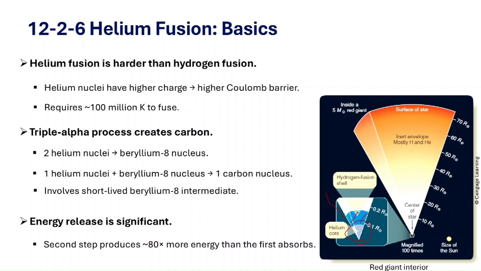So even though the core is small, the triple alpha process has a huge impact on the star's luminosity and its path on the HR diagram. Now look at the image again. The energy released in the core influences the huge outer envelope of the star, keeping it puffed up as a red giant, while helium steadily converts to carbon inside.